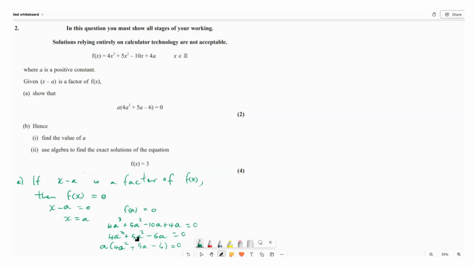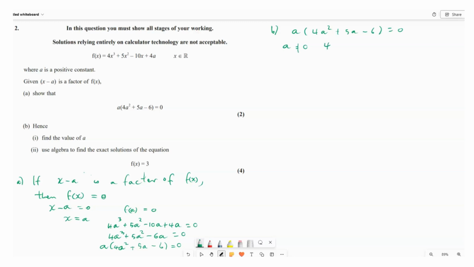Let's move on to part B. Hence, you're asked to find the value of a. So it means that if we have a into 4a squared plus 5a minus 6 equals 0, it means that a could be 0, but a is a positive constant, so we can rule this out.